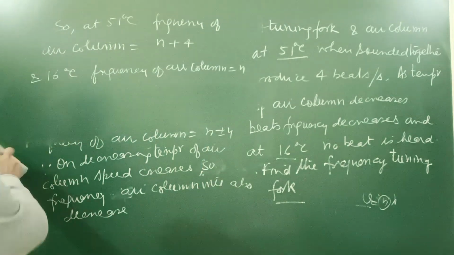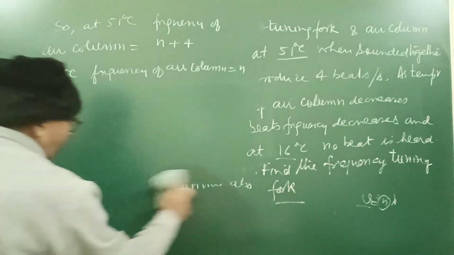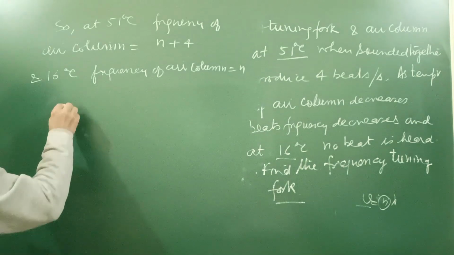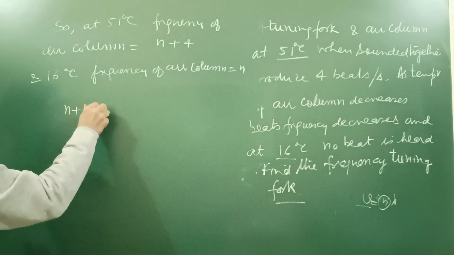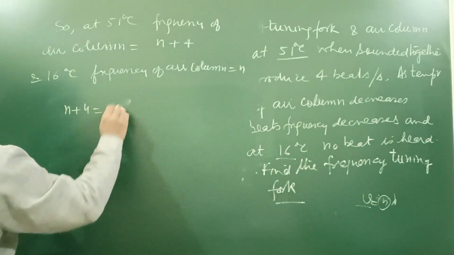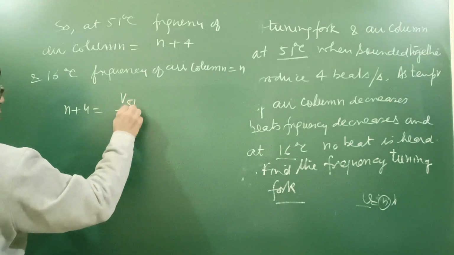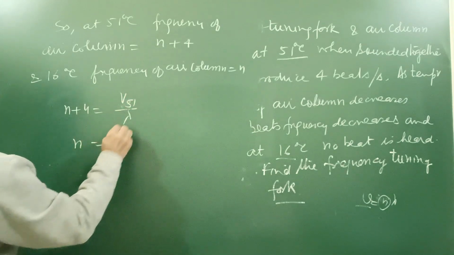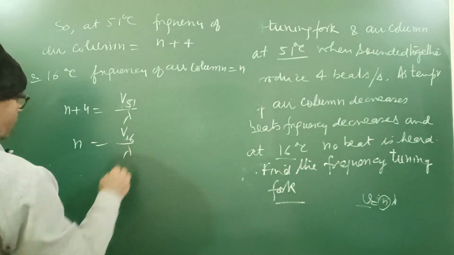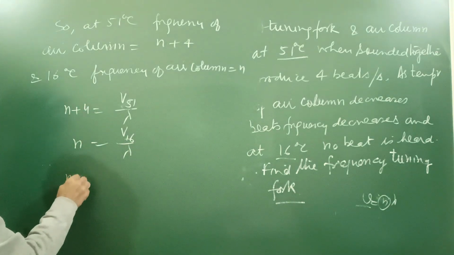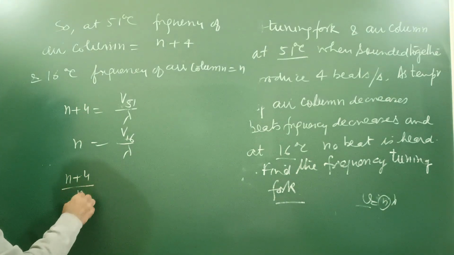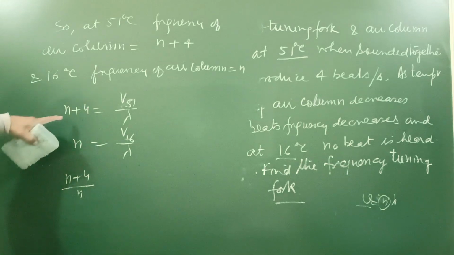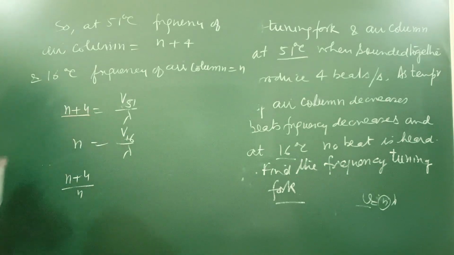Hence we can write n equal to v by lambda. So n plus 4 equal to v51 upon lambda, or n equal to v16 upon lambda. Dividing, n plus 4 upon n equals v51 upon v16, क्योंकि ये फ्रीक्वेंसी एयर कॉलम है, डिक्रीज हो गए n रहेगी 16 पर.